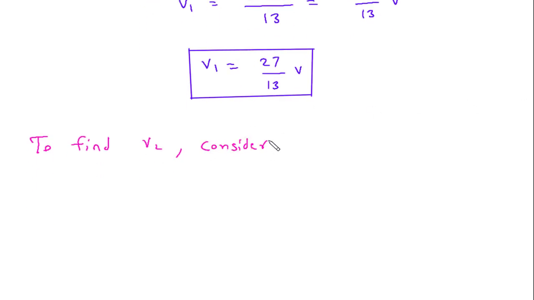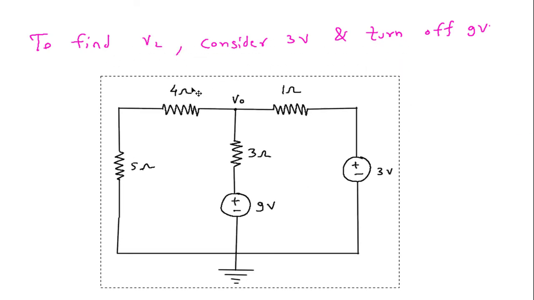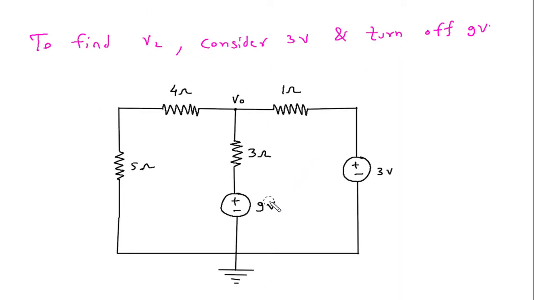So when we turn off the 9 volt voltage source, that will be a short circuit, and this is V2, so this will be V2.